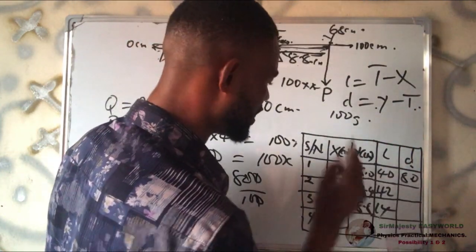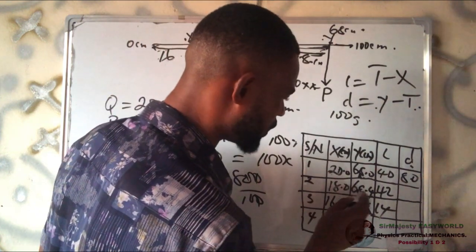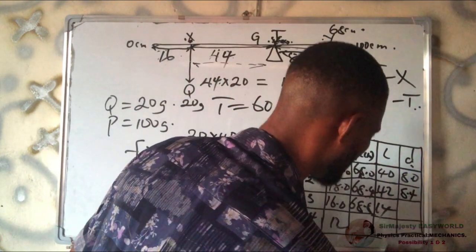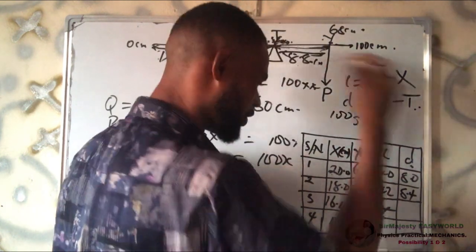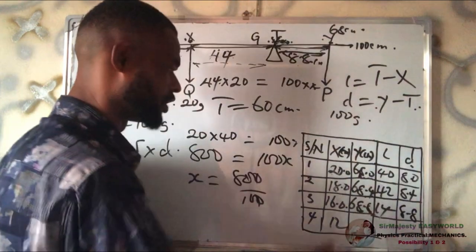Then 68.4 minus 60, I get 8.4. Then 68.8 minus 60, I get 8.8. And so on and so forth. You fill in the gap.